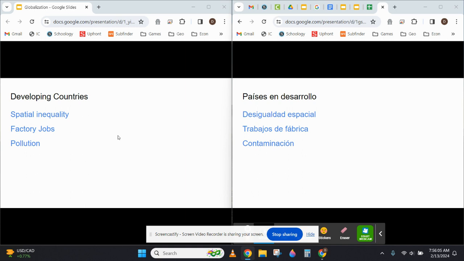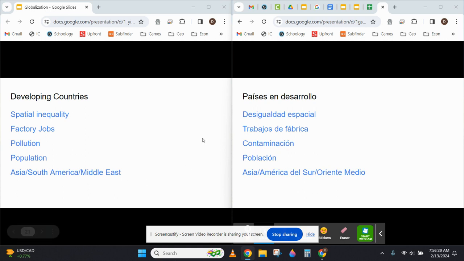Lots of air pollution and water pollution here as well. Right? Those factories are not clean. The population is exploding in these countries, so they have a lot of young people who can be put to work in factories and get paid pretty bad. They're not getting like $1 a day, but they're getting like $5 a day. Still not good. This tends to be in Asia, South America, the Middle East.